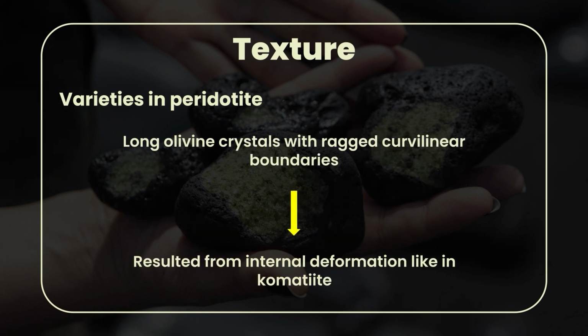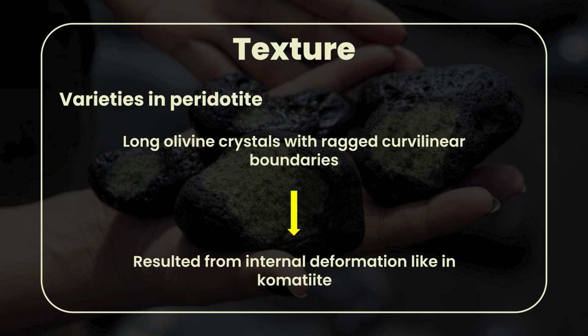Long olivine crystals may have rugged curvilinear boundaries. This is another variety which can be there in peridotites. Olivine crystals are usually equant grains, but how do these become long and rugged curvilinear?